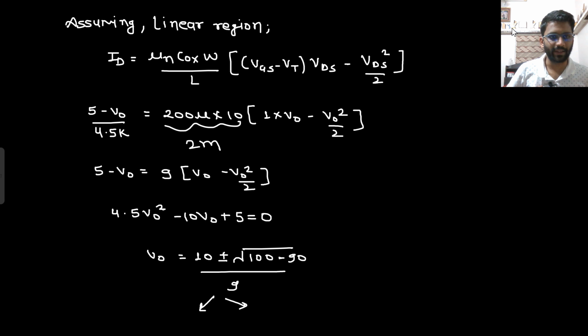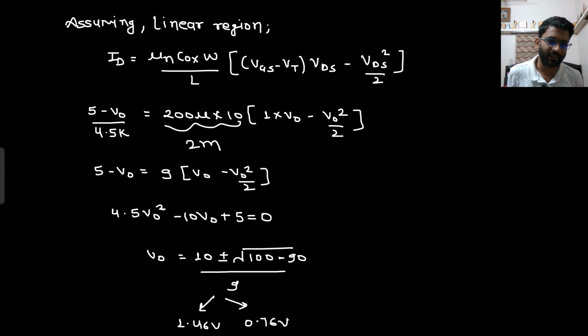So which value will you pick? Let me see the final answer. I might have written it. So what are the two values we get? 1.46 volt and 0.76 volt.